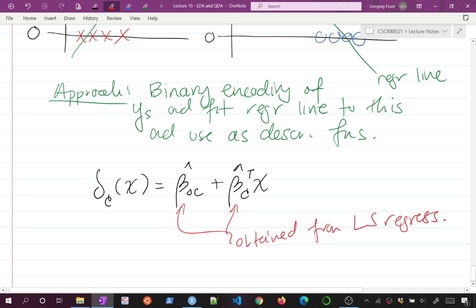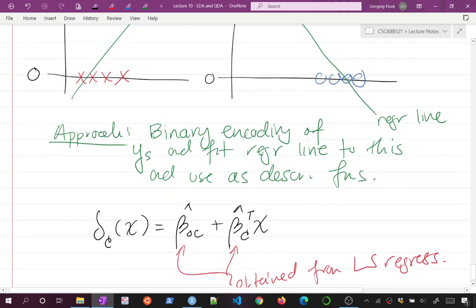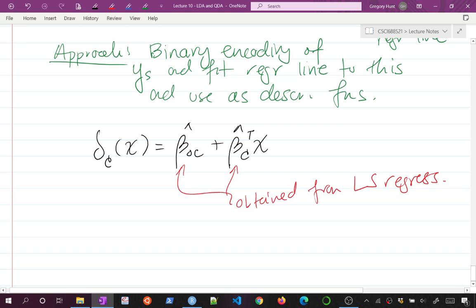And so the answer is you can do this. It's absolutely a thing you can do, and it's not the worst idea in the world either. Because any procedure to develop a discriminant function will give me a valid classifier. It might be good, it might be bad. The procedure may be good or bad, but it's a valid procedure. And so the question is, is that a good procedure?